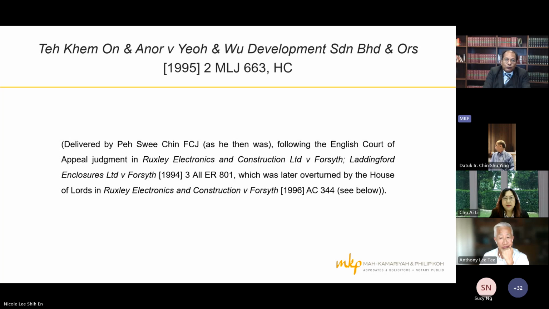Now, Ruxley Electronics and Forsyth has been applied in Malaysia by the High Court, by Justice Pei Swee Chin, who was obviously coming back to deal with a matter which he'd dealt with in the High Court, since he was a federal court judge by the time the decision was handed down.